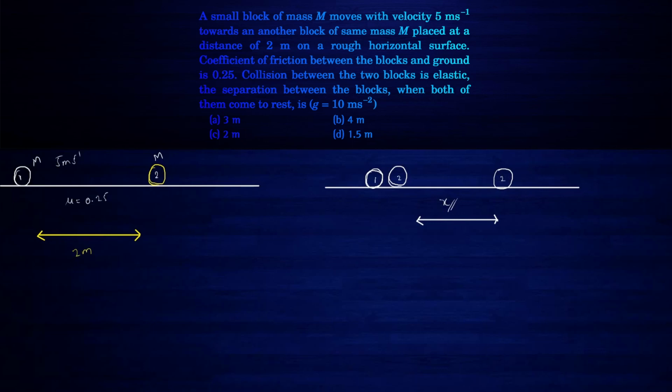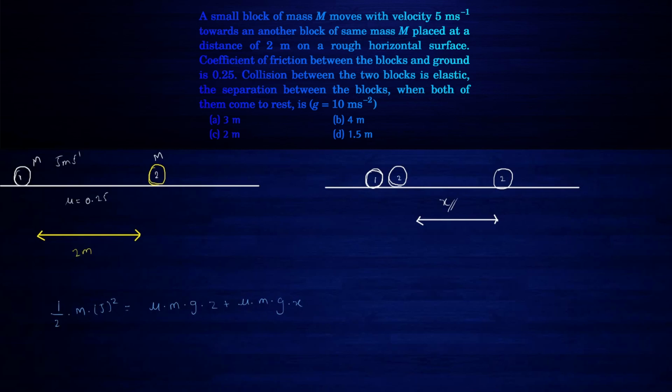One way is we can directly write the energy equation, that is half m v square equals mu m g into 2 plus mu m g into x.